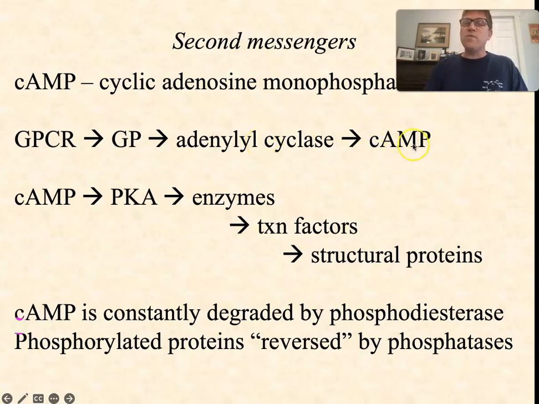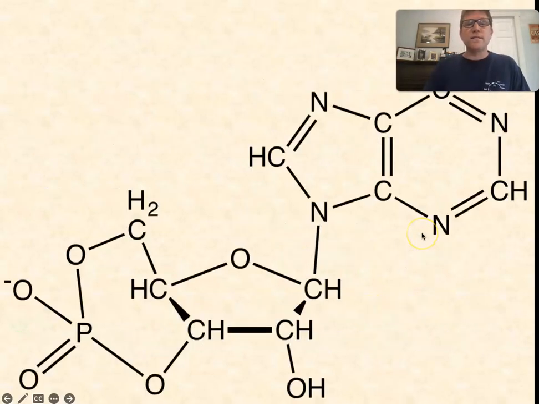What cyclic AMP was there will very quickly be degraded by phosphodiesterases, and any of the phosphorylated intermediates like PKA and the cell response proteins that have been activated with phosphates will be inactivated by the phosphatases. And in a matter of seconds to minutes, this whole massive response can be drawn right back in again and things can go back to normal. It's a really amazing system.